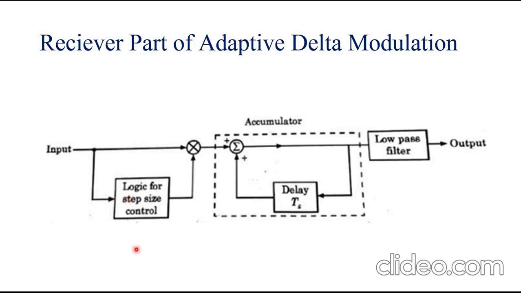Exactly the same process is followed as in the transmitter, and the previous input and present input decide the step size. It is then applied to an accumulator which builds up a staircase waveform, and the low pass filter then smoothens out the staircase waveform to reconstruct the original signal. So this is what is actually done in the receiver part.